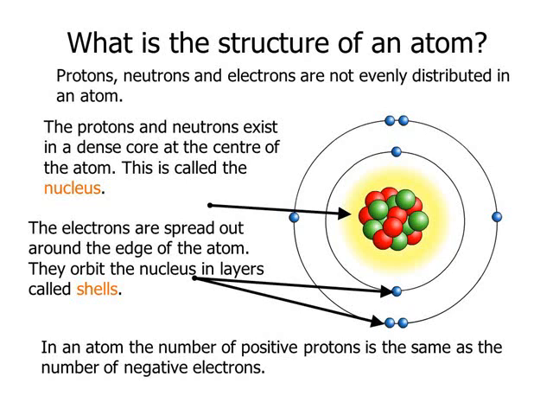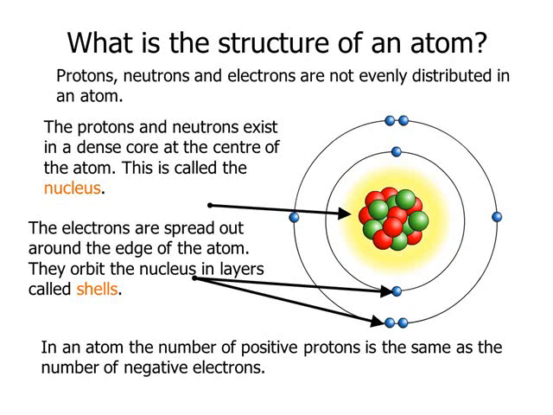Then come to the next point. The electrons are spread out around the edge of the atom. They orbit the nucleus in layers called shells. So as I have told you earlier, around the nucleus we have a number of shells where electrons are fixed and they keep on revolving around the nucleus. In an atom, the number of positive protons is the same as the number of negative electrons.